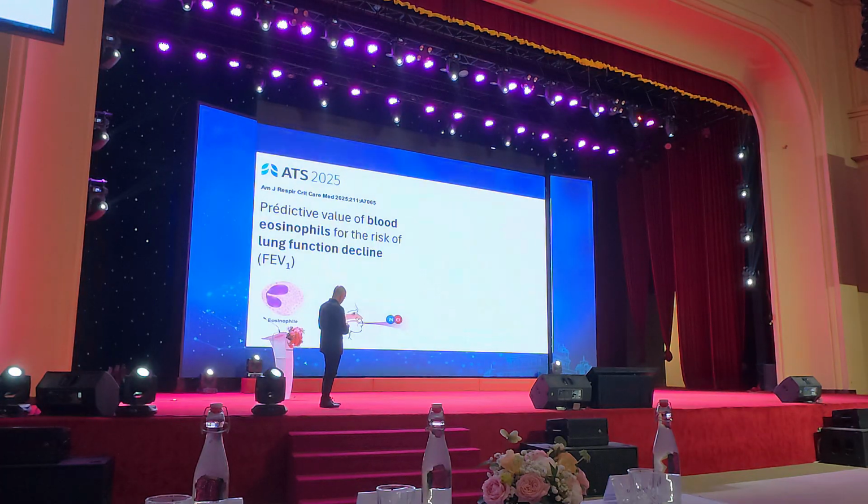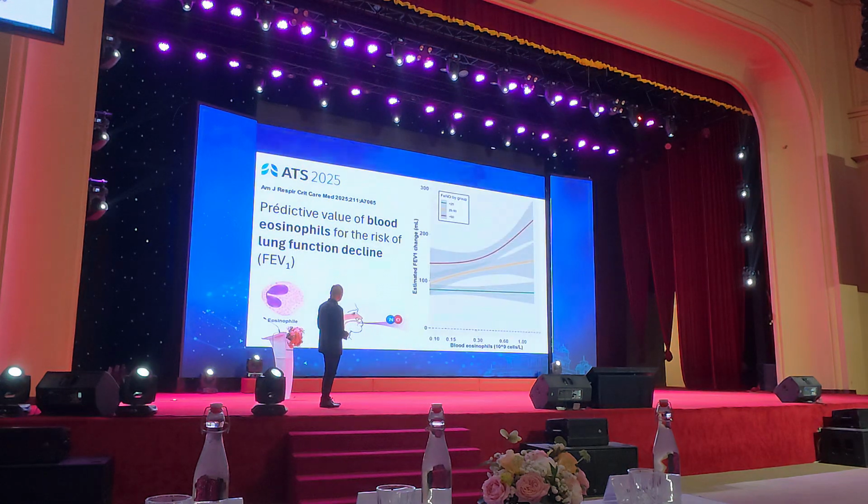And the same thing regarding the decline in lung function, measuring FEV1. As you can see here, measuring eosinophils can predict the risk of having lung function decline in the future if there is also an increase in FeNO.